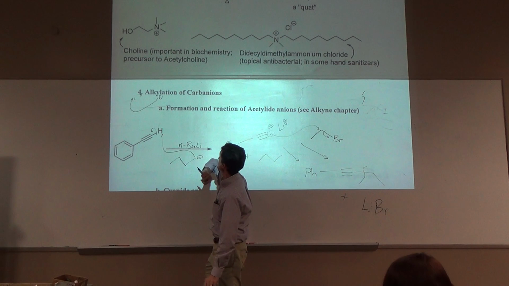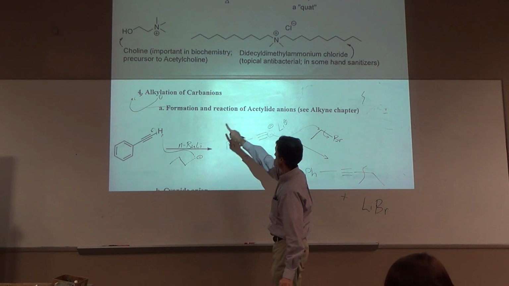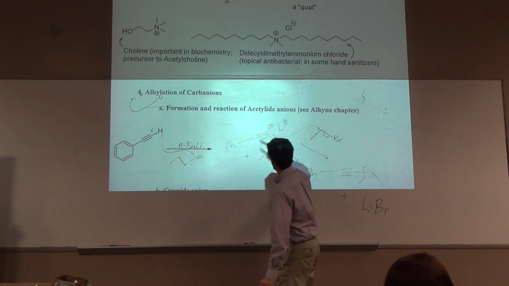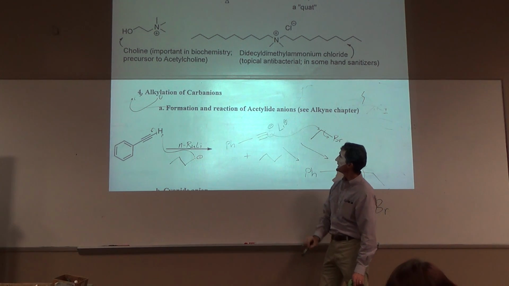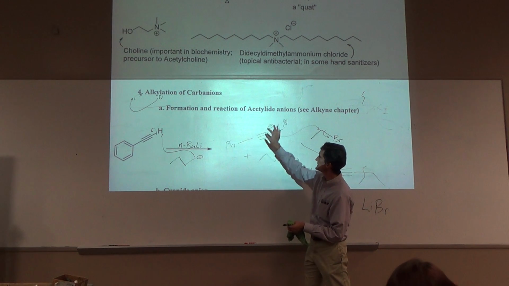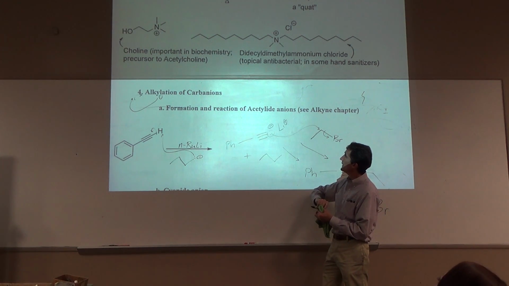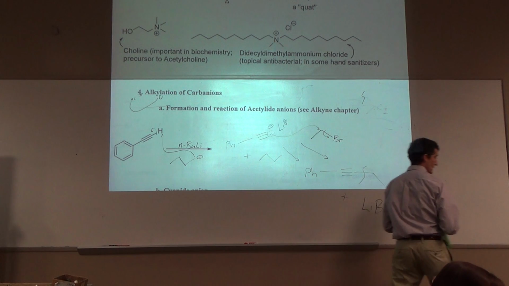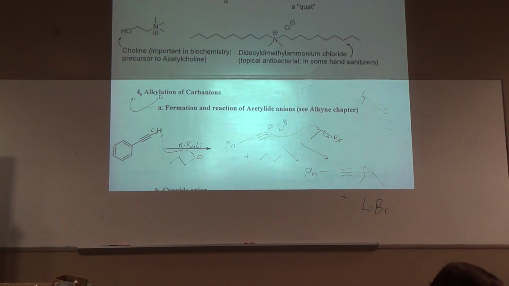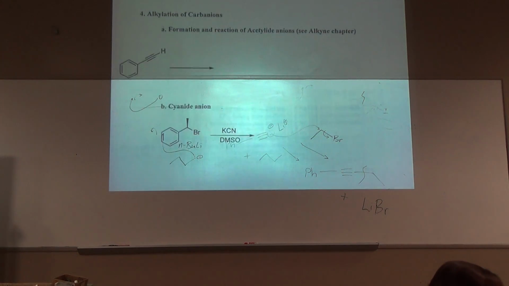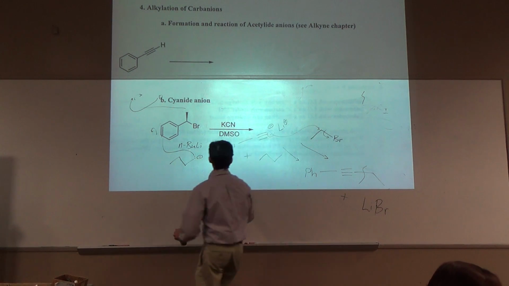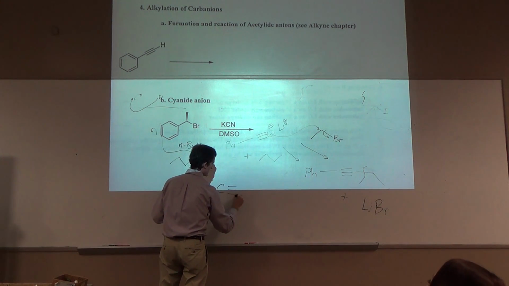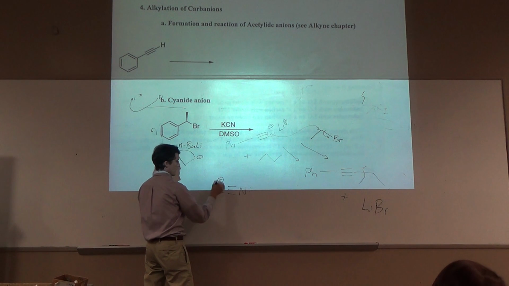Alkylation of carbanions. How? Formation and reaction of acetylide anions. Your alkyne anions are often called acetylide anions because the simplest alkyne is acetylene. Look in the alkyne chapter for information on that. Also cyanide. Showed it earlier. Cyanide, Lewis structure is like this.